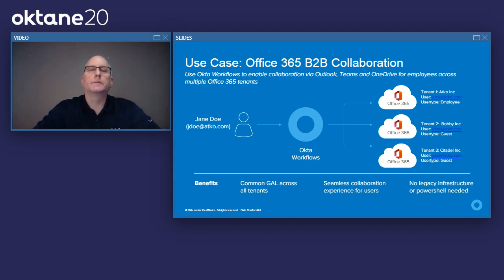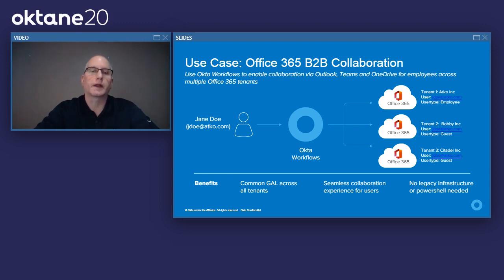And so, as I mentioned, we have a lot of customers with more than one Office 365 tenant. I have some customers that I've worked with that have over 100 tenants, and it's very cumbersome to manage users across Office 365 tenants as guests. So in this use case, Jane maybe works for a company that has 3 different Office 365 tenants.